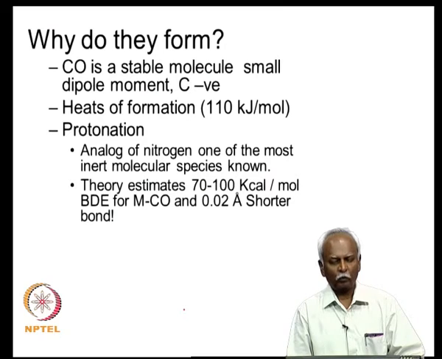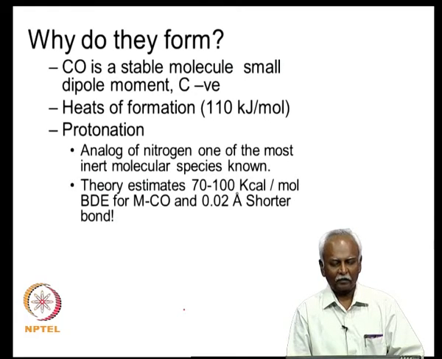So, carbon monoxide is a stable molecule. It has a very small dipole moment. The carbon end is negative, and the protonation of carbon monoxide involves very little energy, but you can protonate carbon monoxide. That being the case, why is it that they form such stable compounds?